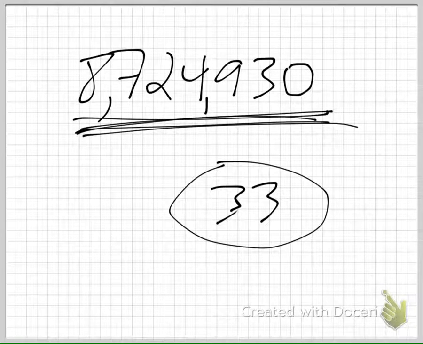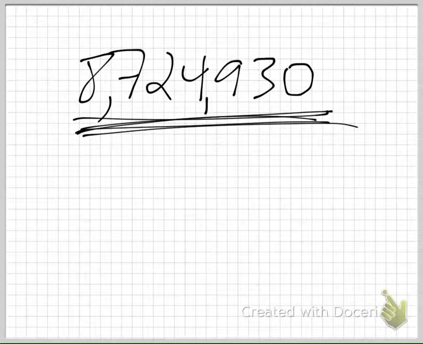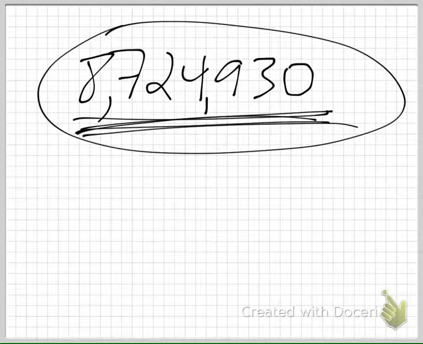If this number here is divisible by 3 and it's also divisible by 2, then it's divisible by 6. I'll say it again. If this number is divisible by 3 and by 2, that means it's going to be divisible by 6.